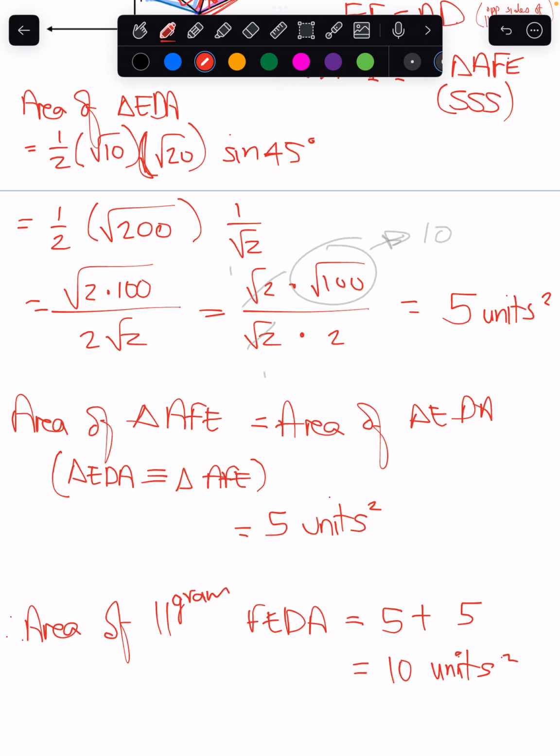Okay, right. What does the memo think? The memo is in complete agreement, and they also use the area rule. They don't go the whole route of proving that the two triangles are congruent. They just have a reason that says diagonal of parallelogram bisects area.